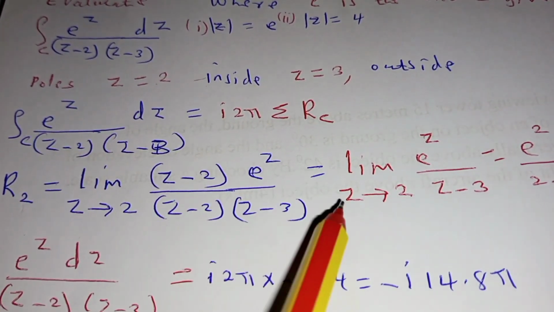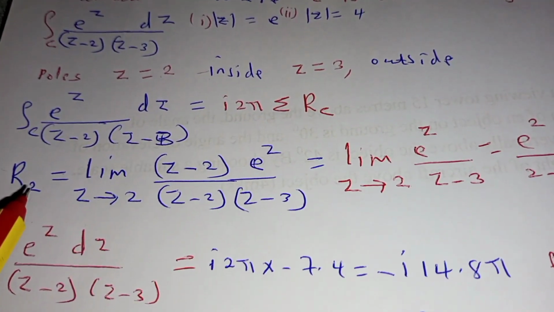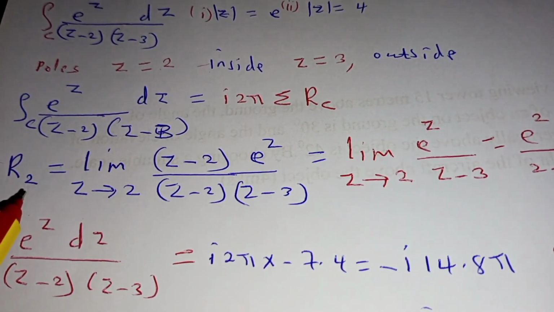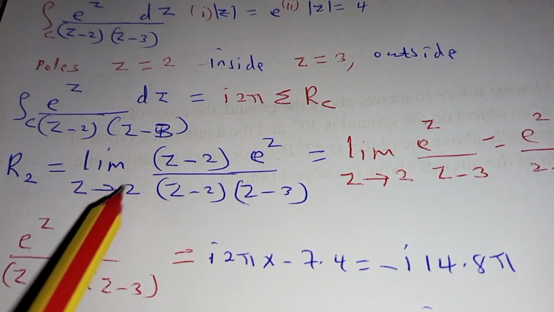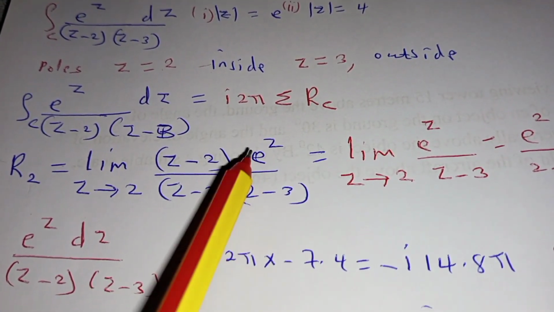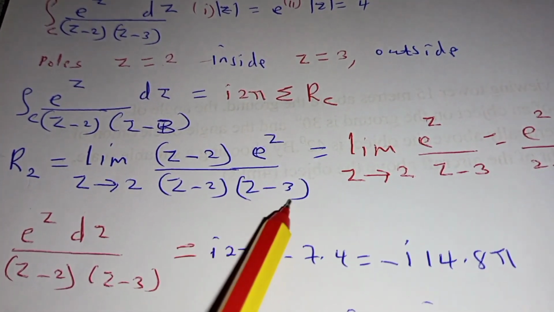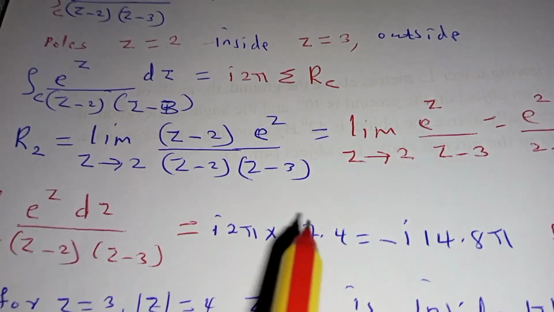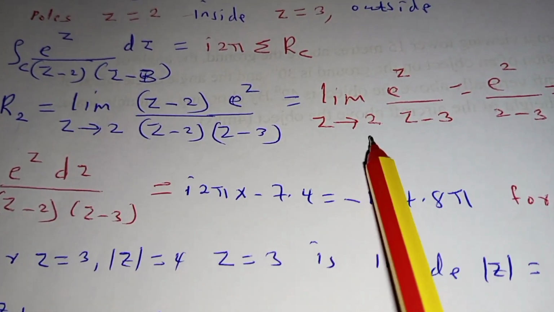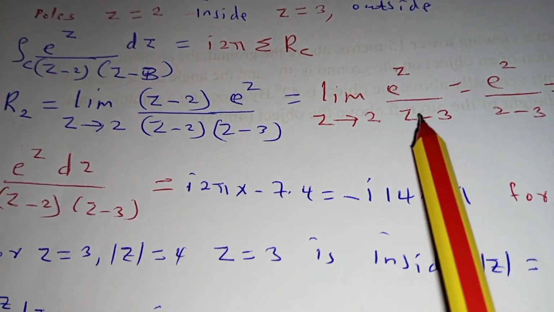Now, in this case, the residue for the pole at 2 is given by the limit as z tends to 2 of z minus 2 multiplied by exponential z divided by (z minus 2)(z minus 3). So z minus 2 will cancel out, and we are left with the limit as z tends to 2 of exponential z divided by z minus 3.